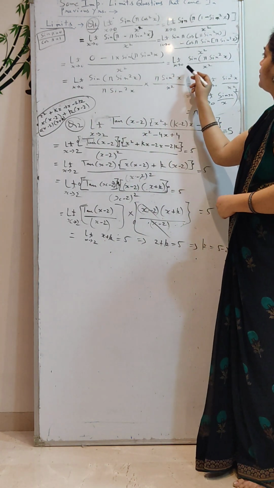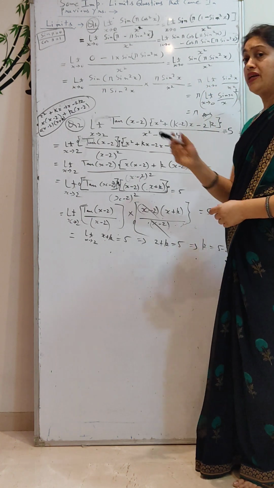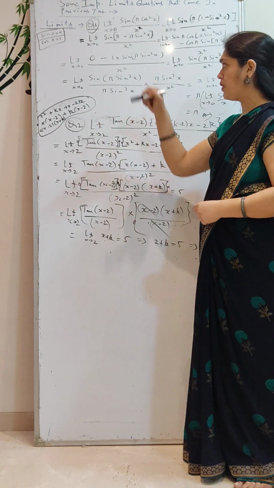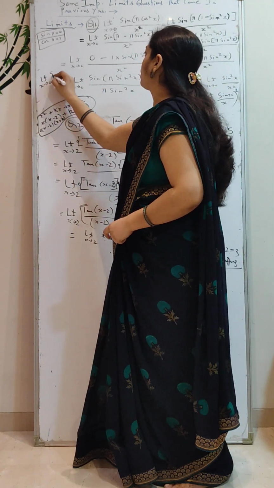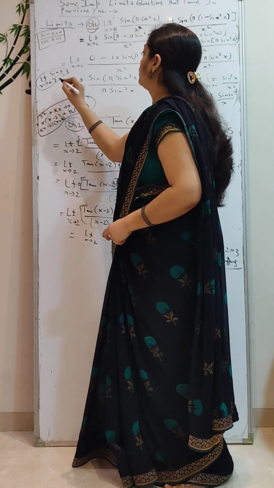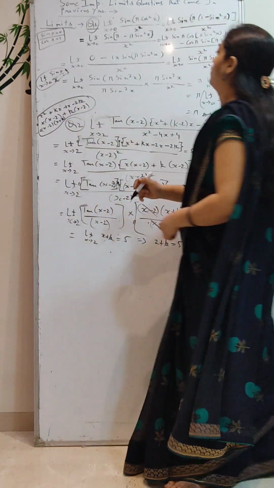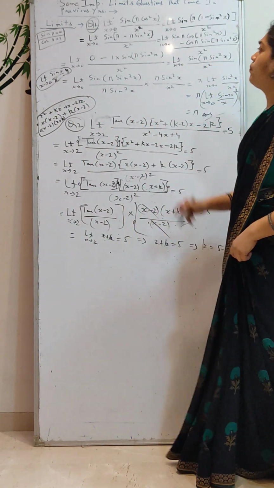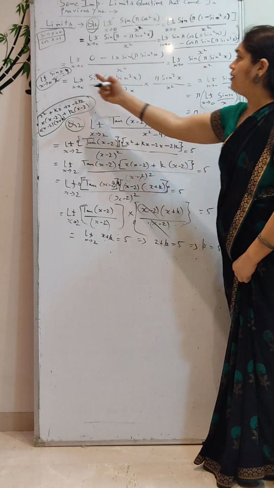So limit x tends to 0 of sin(pi sin square x) upon x square, and as we know that limit x tends to 0 of sin x by x is 1, we will try to make this numerator and denominator in the form of this.